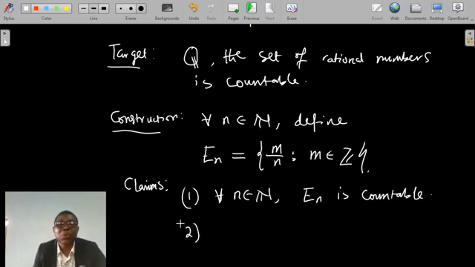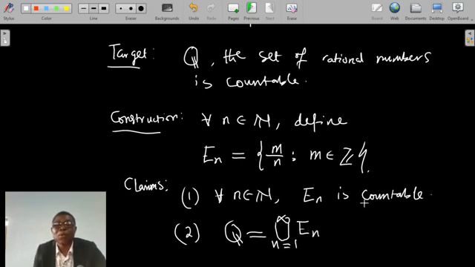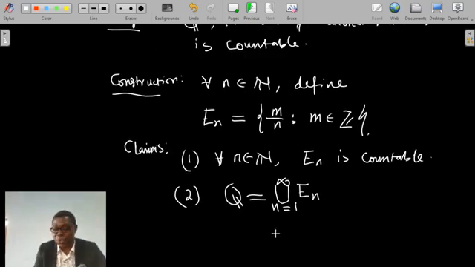Number two, Q, the set of rational numbers, is equal to the union n equals 1 to infinity of En. So we'll try to establish these two claims. Let us start with the first one, proof of claim number one.